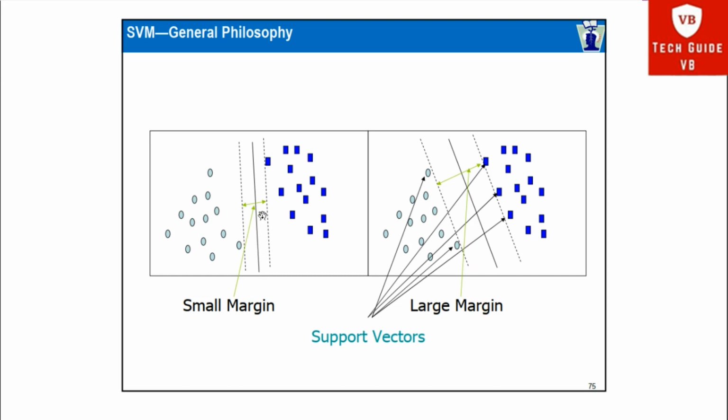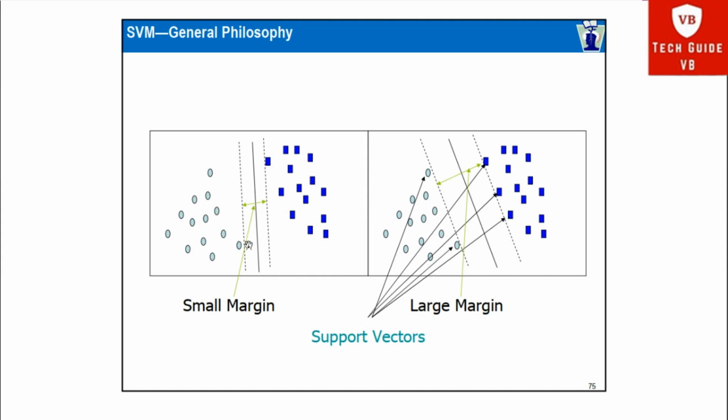Because if we take a point from this dark boundary, then the error will be more. But if we take this small margin, which is the dotted line, then the error is minimized. This is called margin maximization.